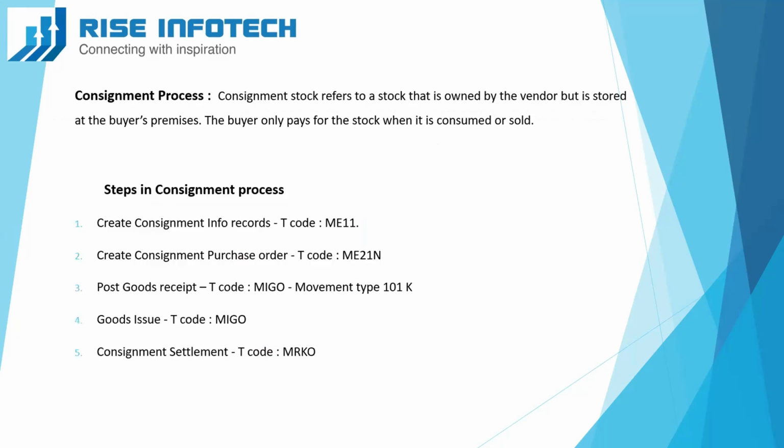Coming to the next topic, the consignment process. What is a consignment process? Consignment stock refers to stock that is owned by the vendor but stored at the buyer's premises. The buyer only pays for the stock when it is consumed or sold. I can take the best example of DMart. If we go there, the items and the racks are actually not owned by DMart only.